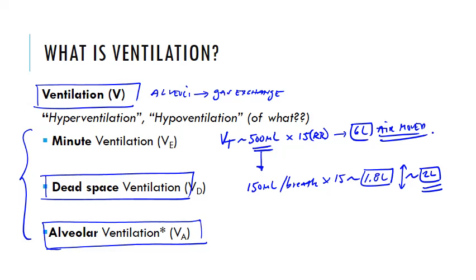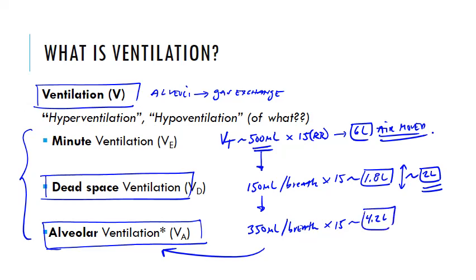If we do 500 minus 150, about 300 milliliters of the total tidal volume reaches the alveoli and is used for gas exchange. Multiplying this times an average of 15 breaths per minute, you get about 4.2 liters per minute, which we are just going to round to 4 liters.